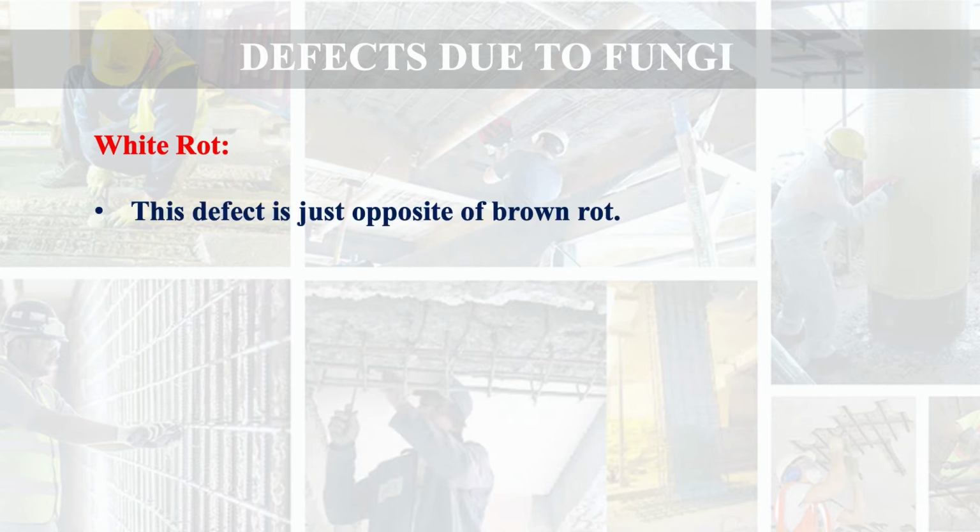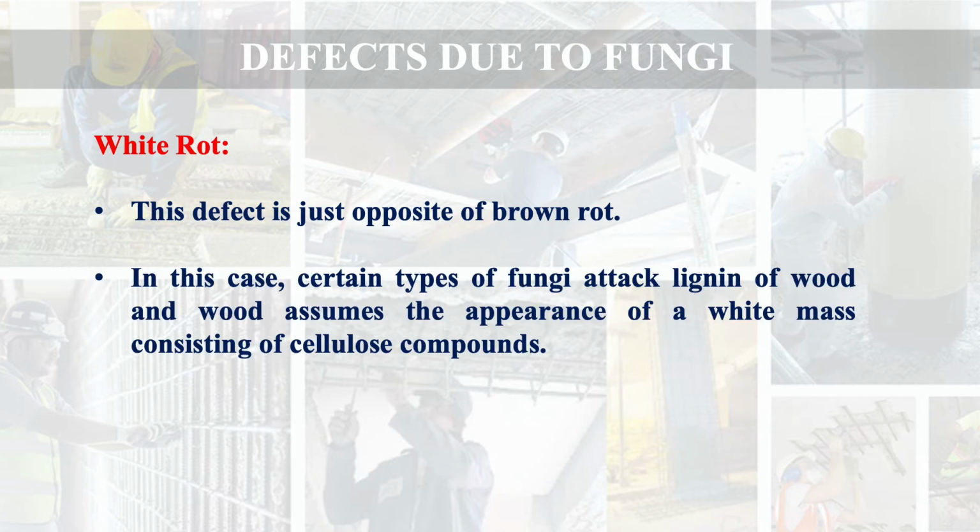This defect is just the opposite of brown rot. In this case, certain types of fungi attack lignin of wood, and wood assumes the appearance of a white mass consisting of cellulose compounds. Now, these were the defects due to fungi.